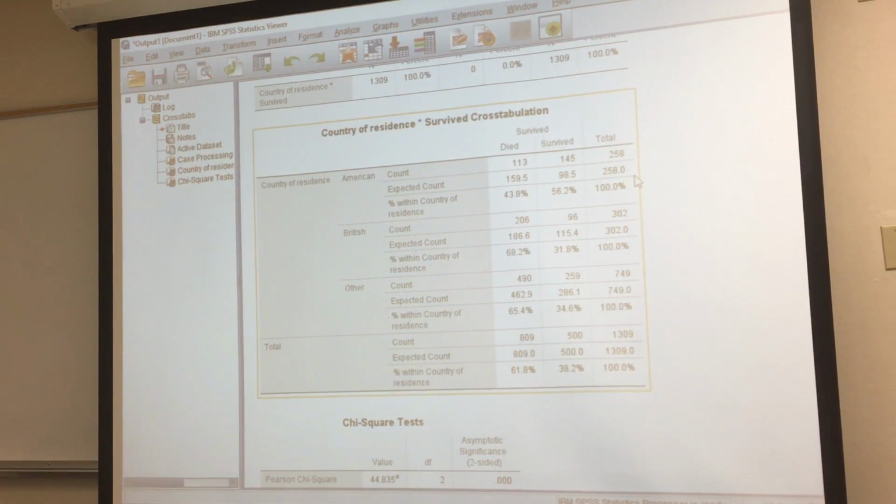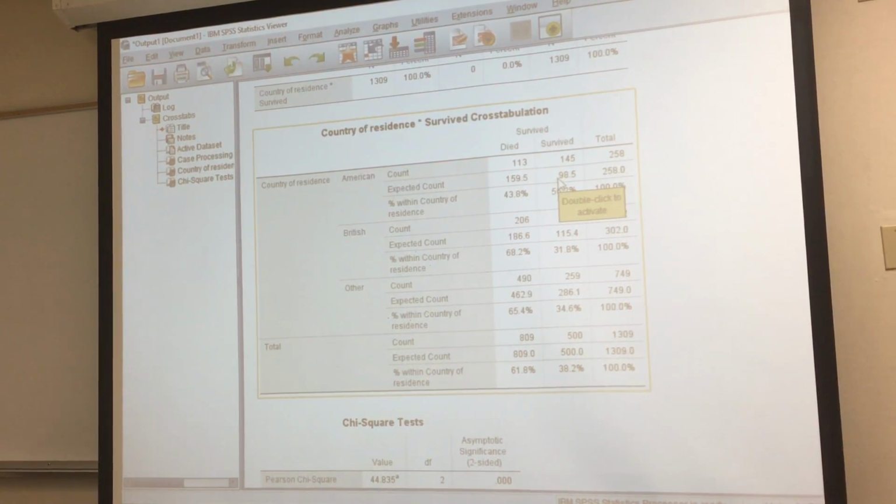More than 200, and so we can use the percentage here to estimate, to expect how many American people would die if the chance of dying is 61.8%. So if you multiply this number, the outcome is this number. So that's where the expected count comes from.